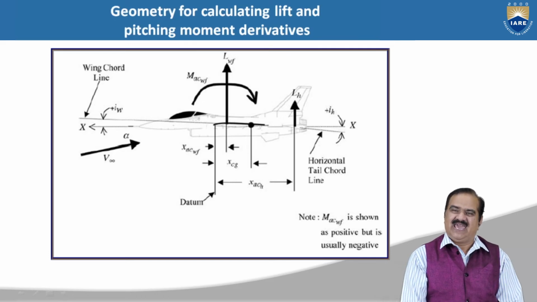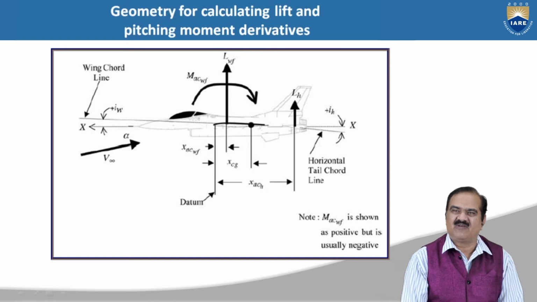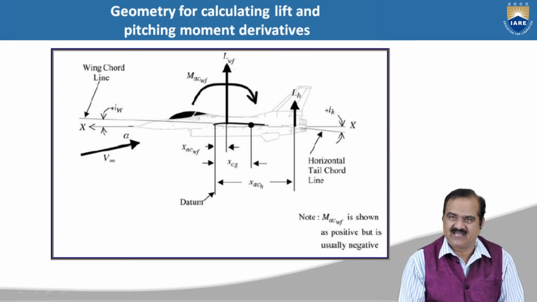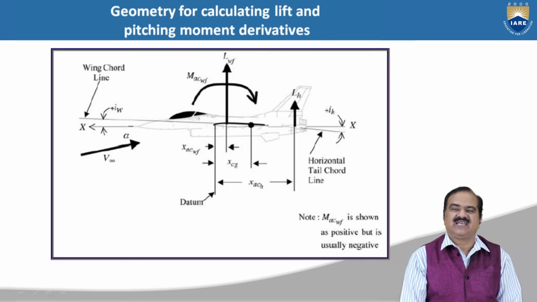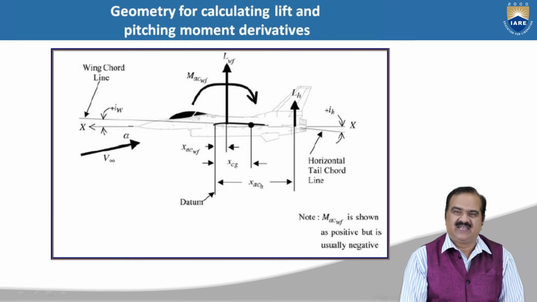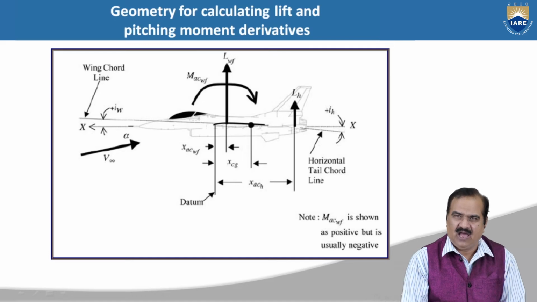is the stability axis, and another is the line which is passing from the nose via the center of gravity, that is the wing chord line. So if you see here, the free stream velocity V infinity is making angle alpha with XX, that is the main reference line or the fuselage reference line, and it is alpha.